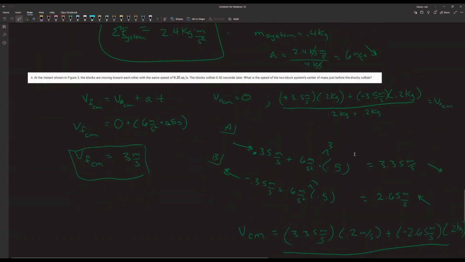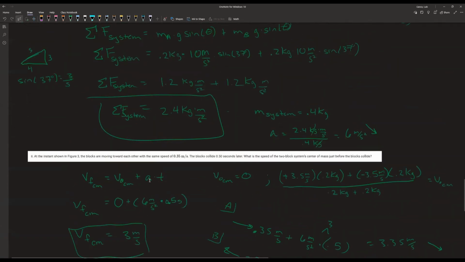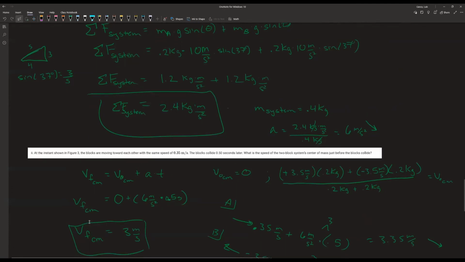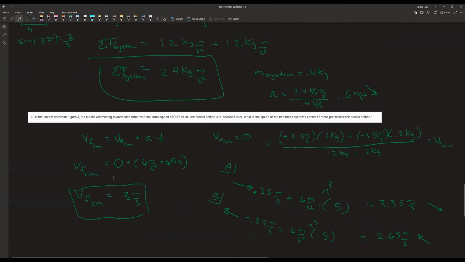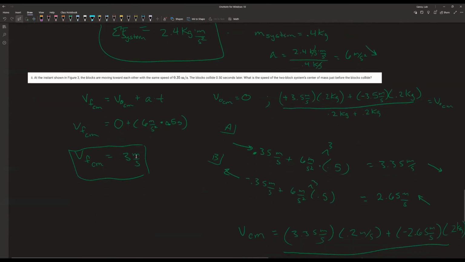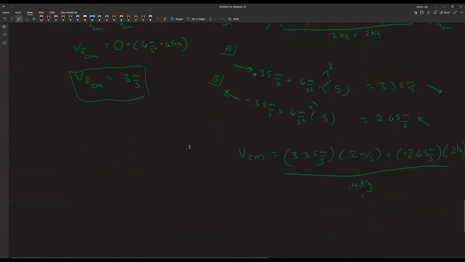But I think I fat fingered something in my calculator. Either way, I think it's easier to just get the acceleration of the center of mass multiplied by the time, and then add that to the original velocity of the system, which was 0, because they're both moving in opposite directions with the same mass and same velocity.